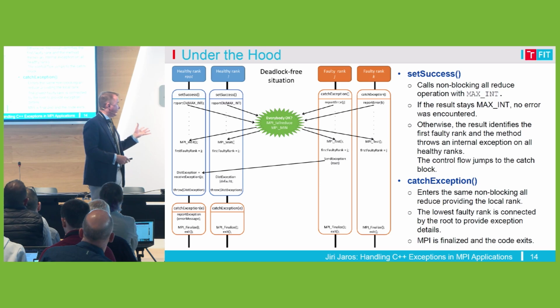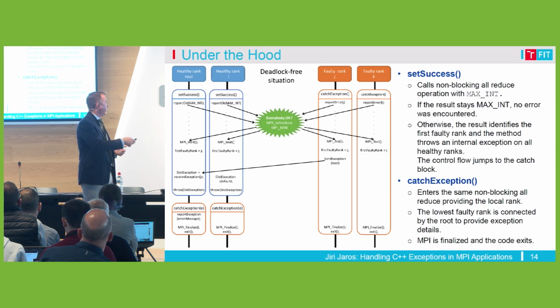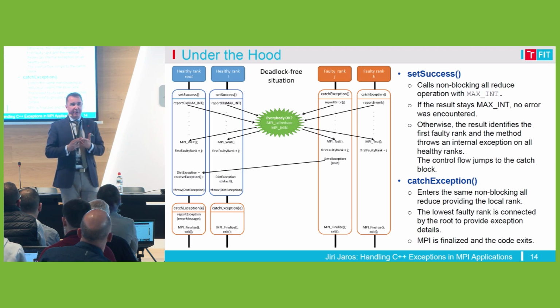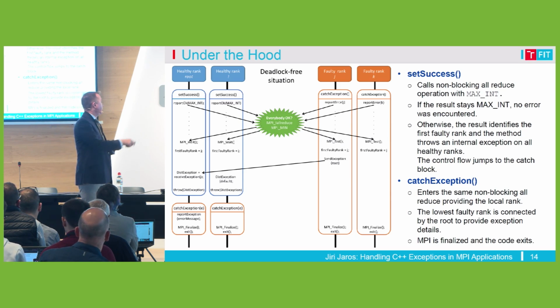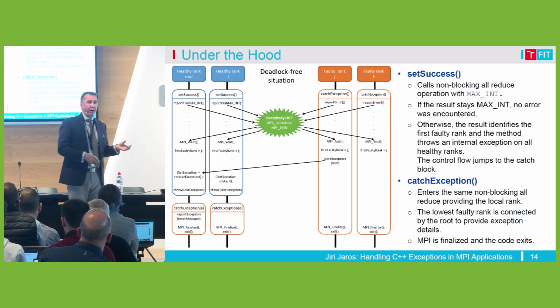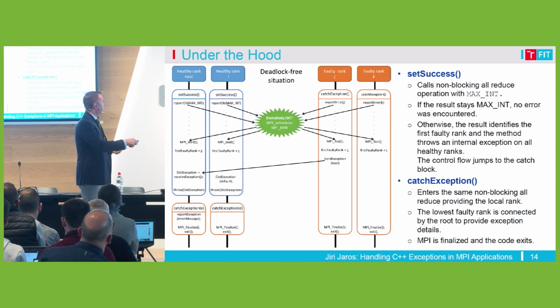So not the max int as in the case of everything is fine, but now the rank which is faulty. And basically this all reduce operation will then return the number of the lowest rank with the error. If you would like to know all the ranks that are faulty, you can exchange this MPI all reduce method by MPI all gather, but it doesn't matter.